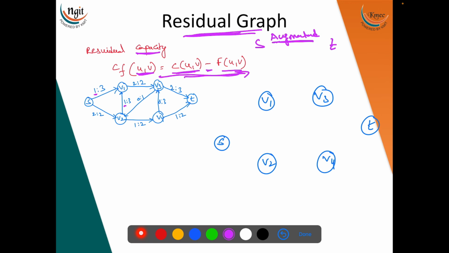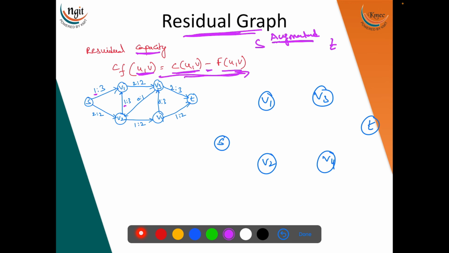That we came to know with the general idea. But the general idea will not work when you have more edges. So that's the reason I'm introducing the residual graph with the residual capacity.